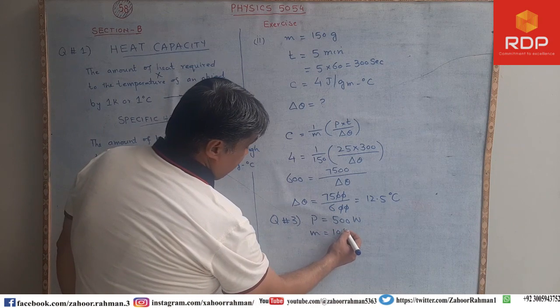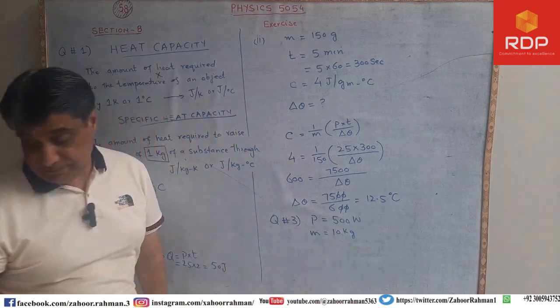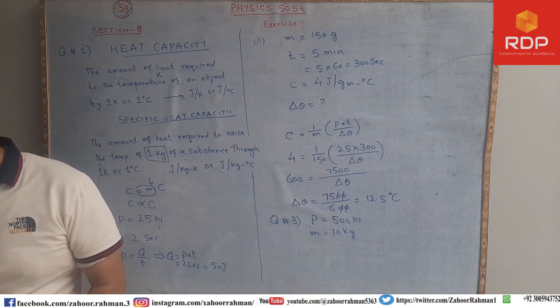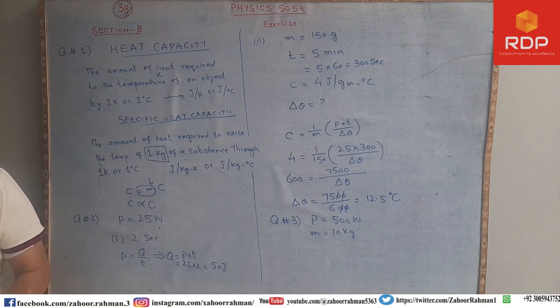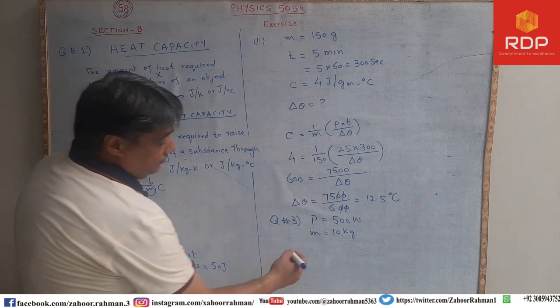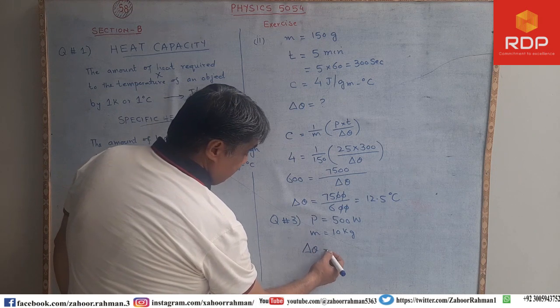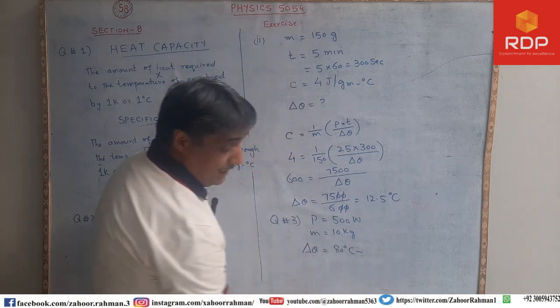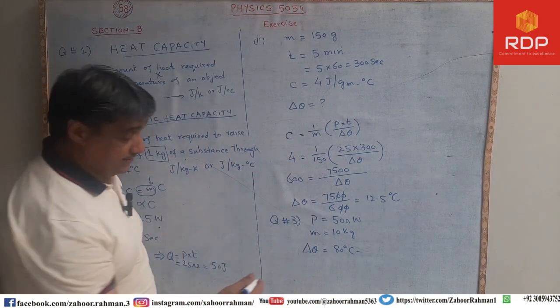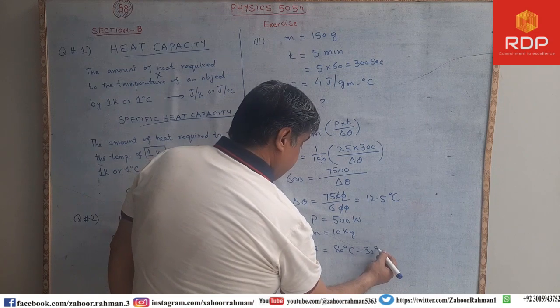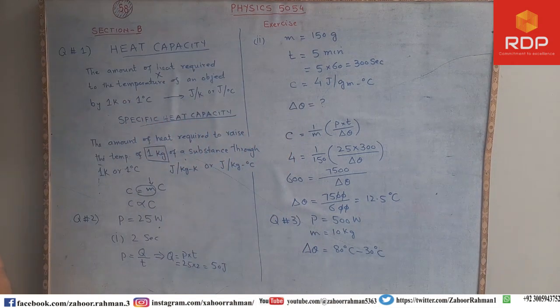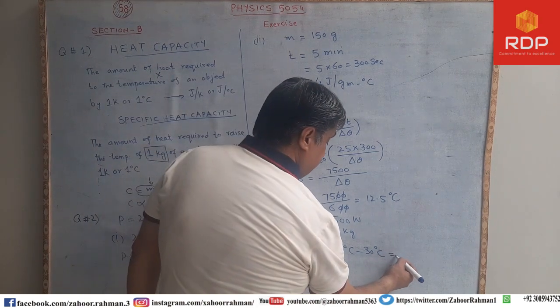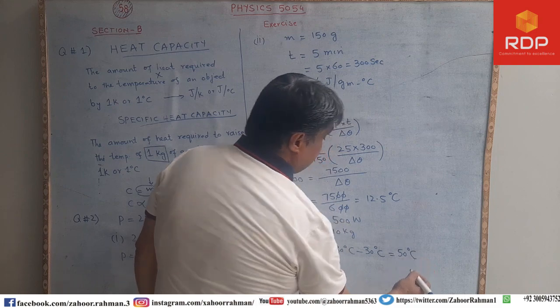So M is equal to 10 kilogram, with a temperature of 30 degrees Celsius, and we have to write delta theta is equal to 80 degree Celsius minus 30 degrees Celsius. 80 degree is given in the next scenario. So we will write delta theta is 50 degrees Celsius.